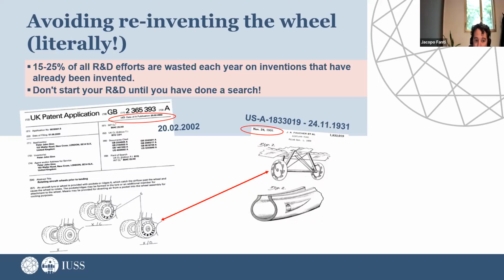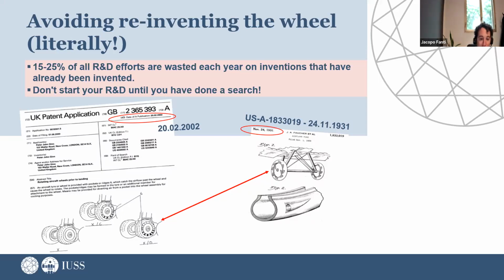And in the example shown on the side, the application relates to the technical problem of the excessive wear or even explosion of aircraft wheels due to the high acceleration when touching the ground. And the proposed solution provides for small pockets on the side of the tires that make the wheel spin in the wind, without the need of an additional electrical motor.